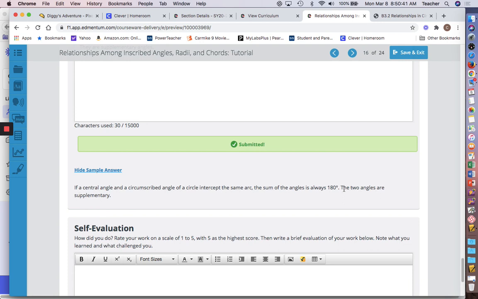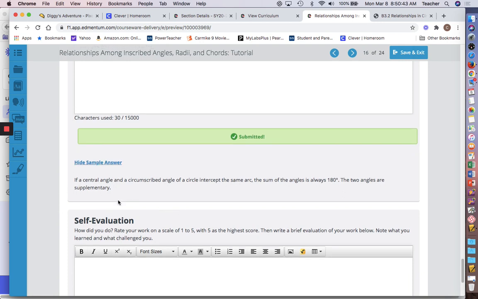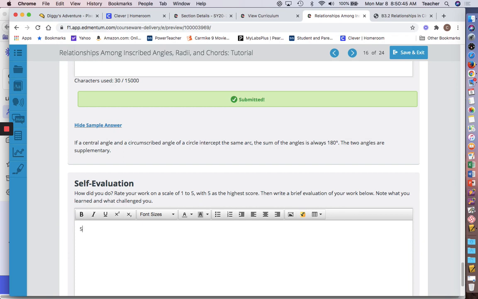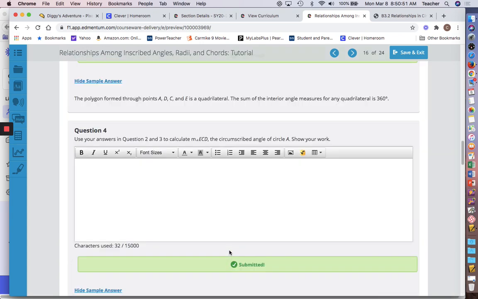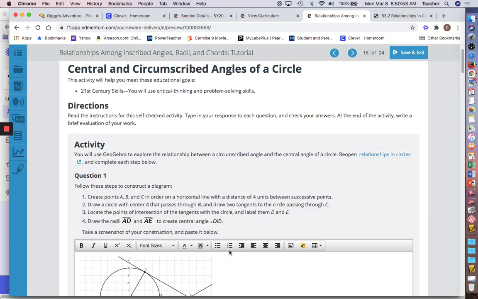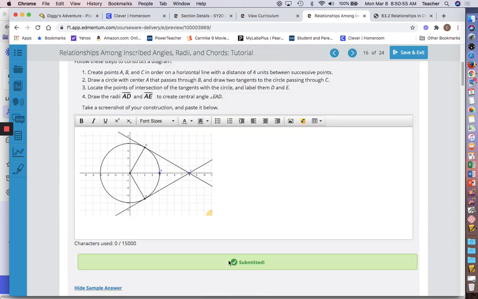So same arc, 180. Supplementary. All right, self-evaluation. Go me. I'm submitting. All right, you guys. Basically, though, the takeaway is that a central angle and a circumscribed angle are going to add up to be 180 degrees all day, every day.